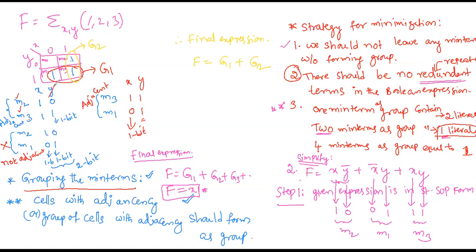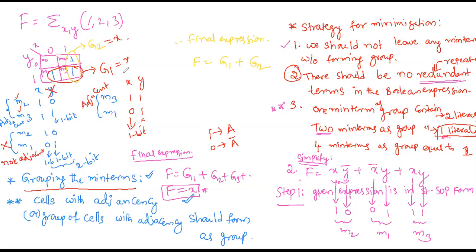Whichever is differing, that term should be cancelled. So we have only one variable, X, with value 1. And 1 is indicated with the variable itself, 0 with the complement. So, sorry, this is G2, G2 is equal to X.